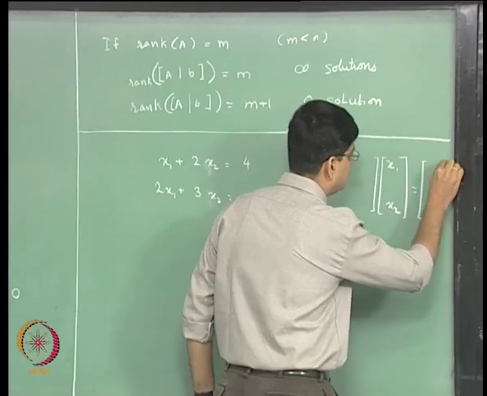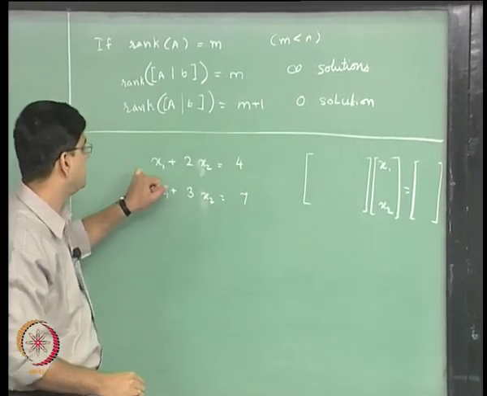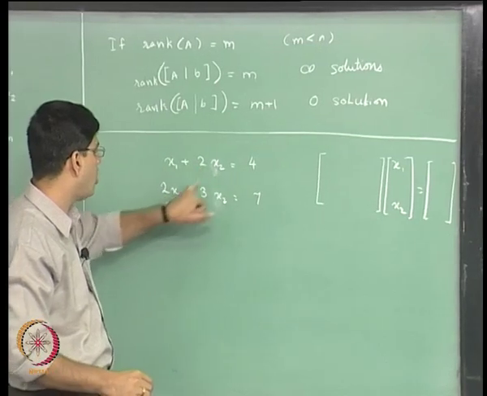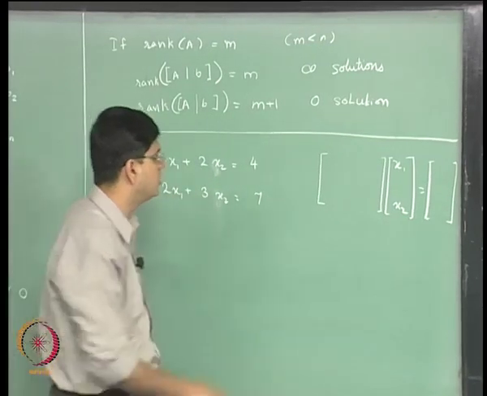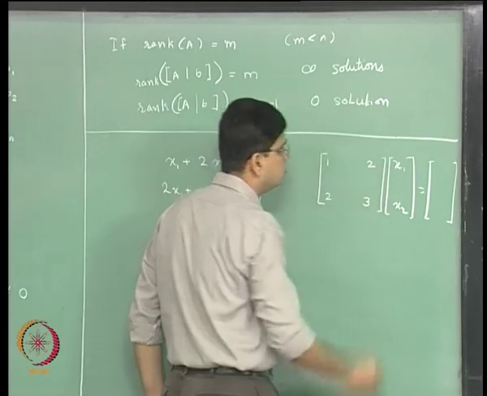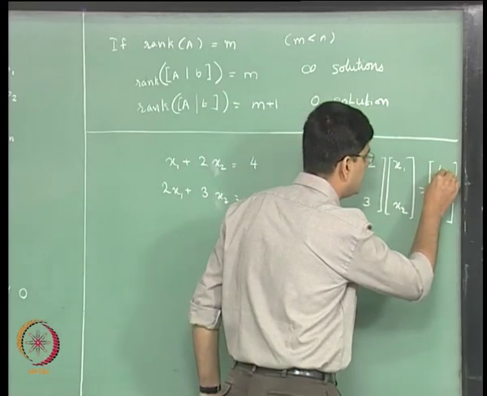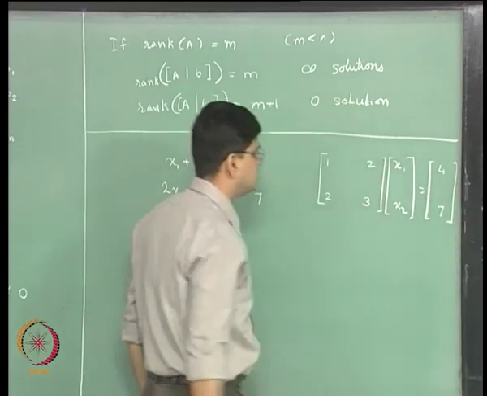Okay. And then the right hand side is going to be 4 and 7, and the A matrix will be 1 2 on the first row and 2 3 on the second row. So the vector over here is 4 7. Okay.